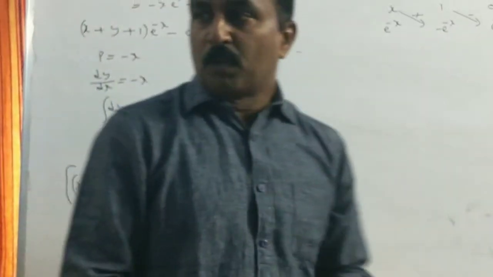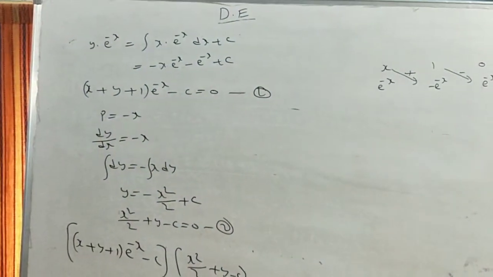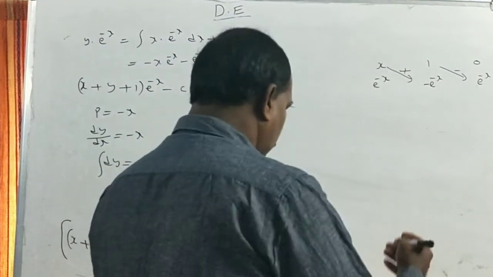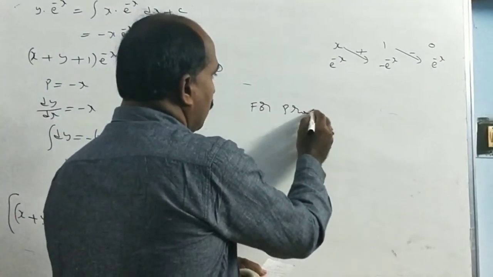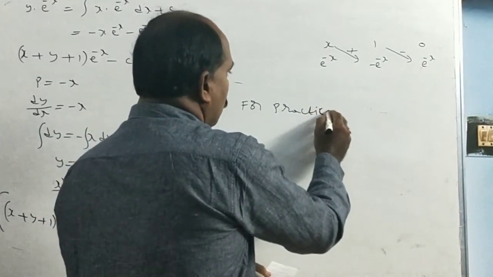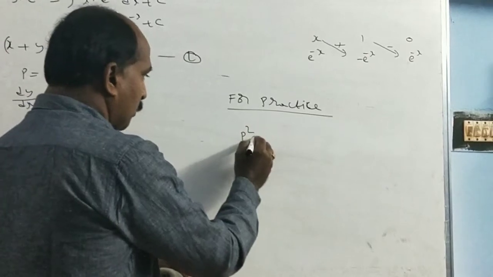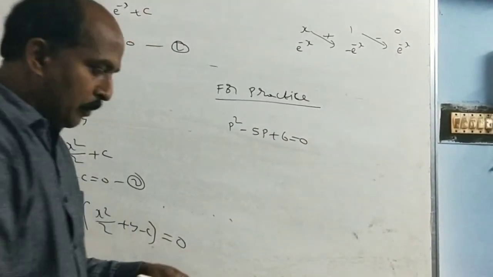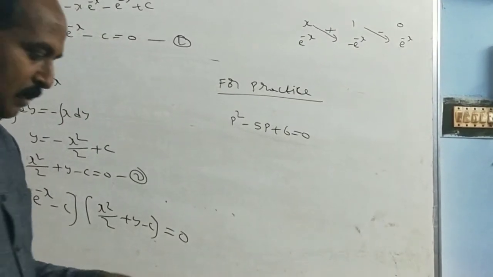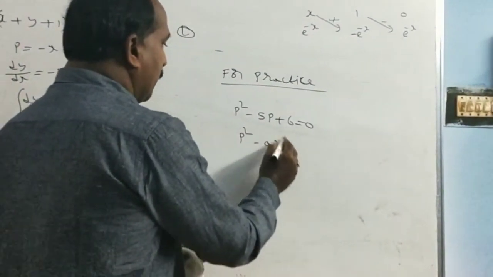I will give some problems for practice. P square minus 5p plus 6 equal to 0. P square minus ax cube equal to 0.